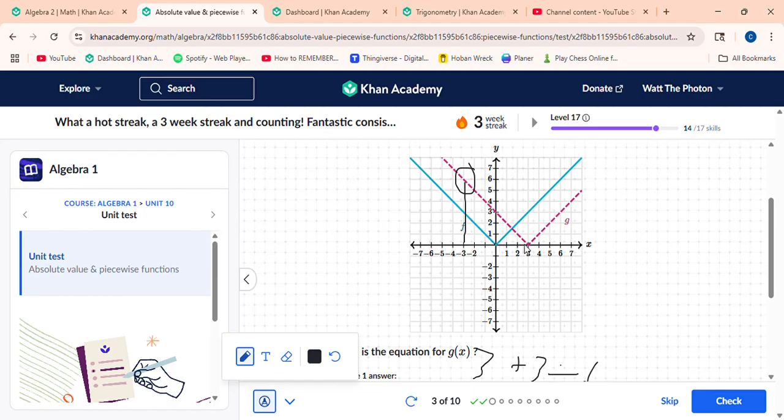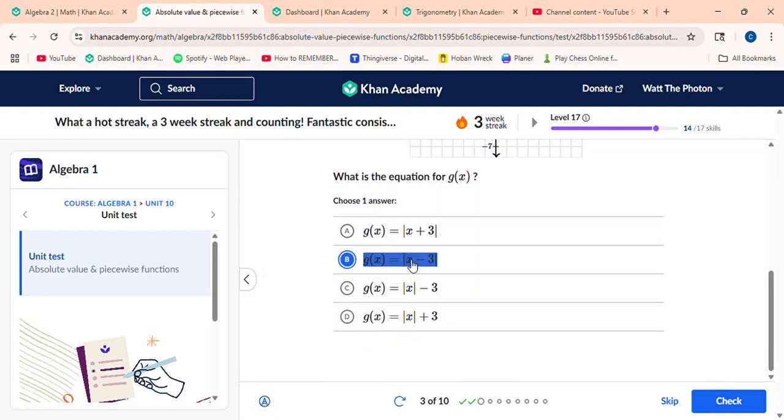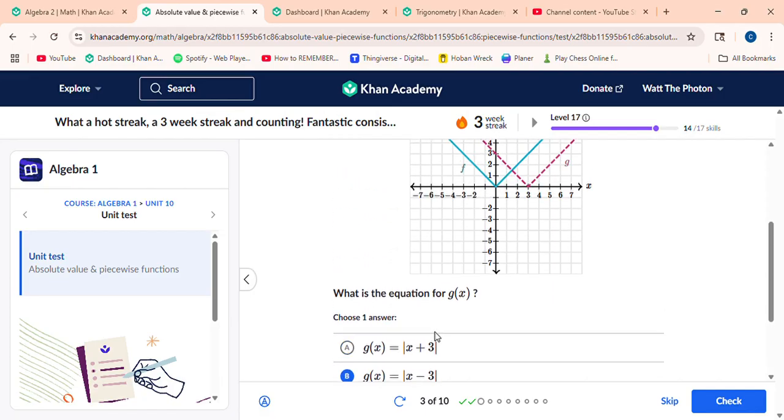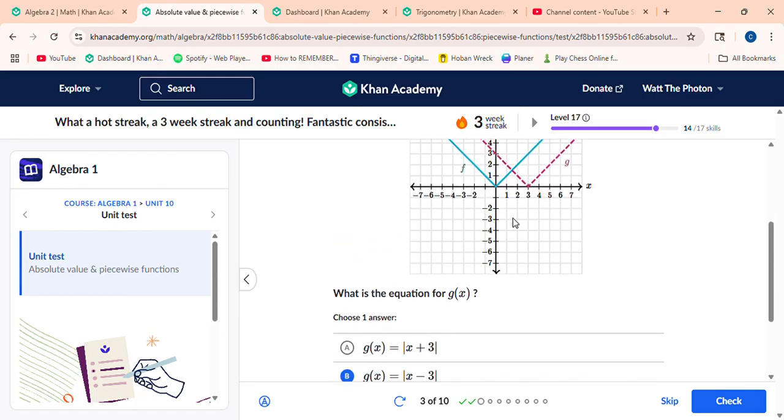X is equal to 3, get 0. It's actually probably B. Think about that, because this will get us 6. If we put x is equal to 0, we get 3. X is equal to 2, we get 1. X is equal to 4, we get 1.